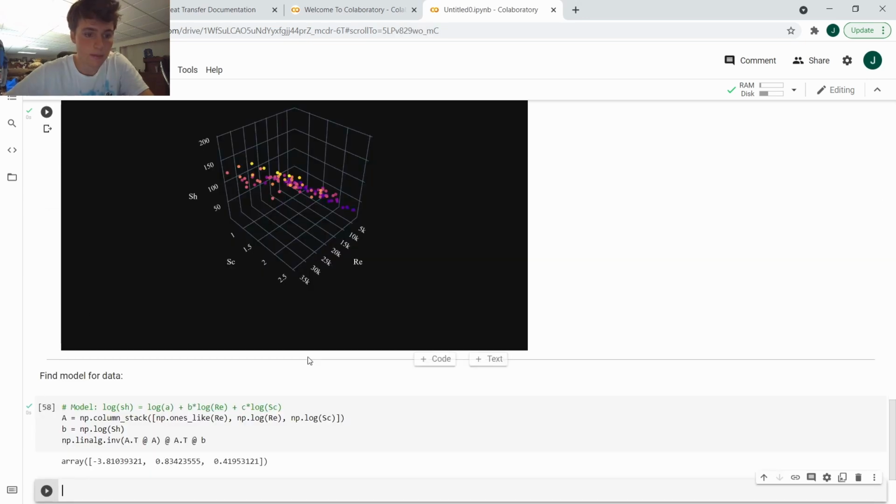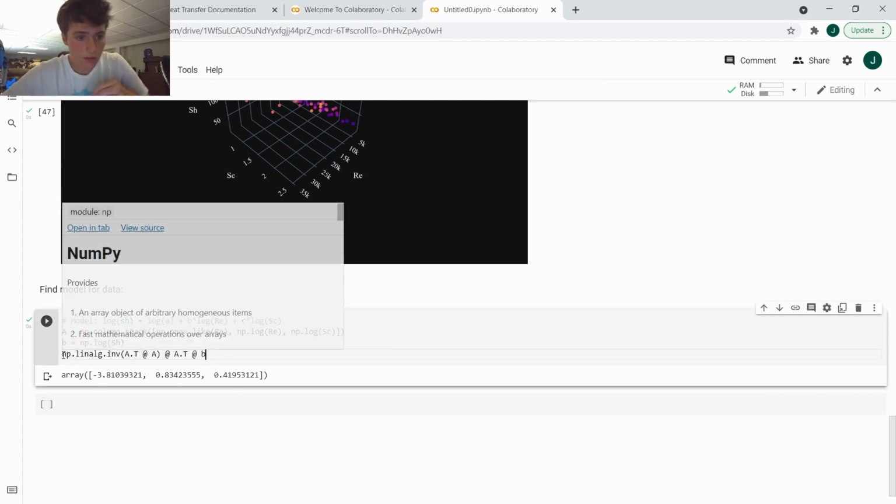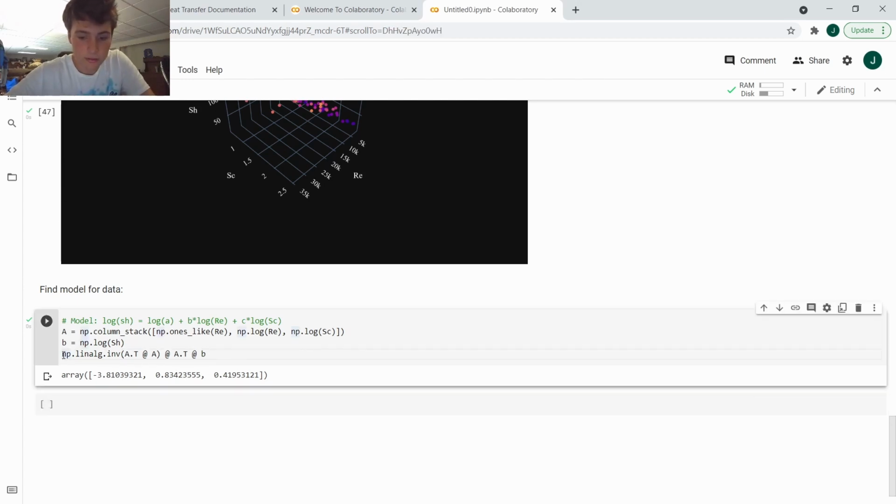And there we go. We see this first thing is the log of A, the second one is our B value, and the third one's our C value. I don't want to call this first value A, since it's really the log of A, so I'll use log of A1, and then B1 and C1 is equal to this.